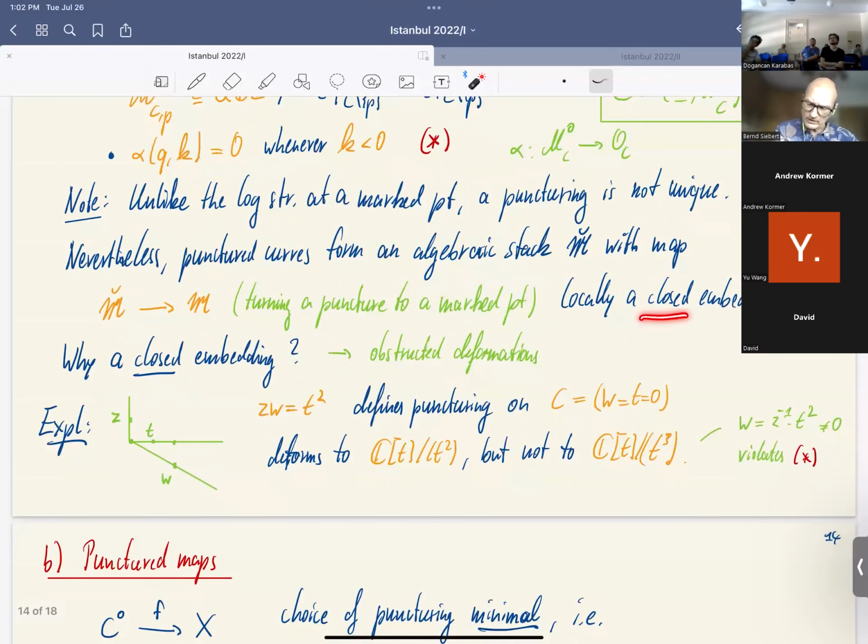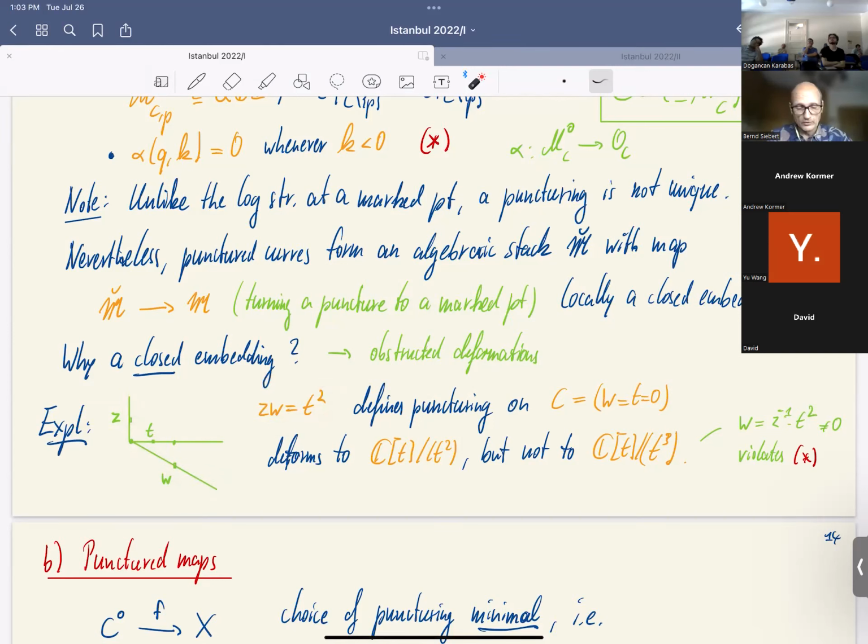But why is it a closed embedding? Shouldn't it maybe be an open map? So here's a key feature and a key difference to ordinary log curves, or why puncturing curves are very different animals than ordinary log curves. Let's look at a curve with log structure ZW equals t squared.